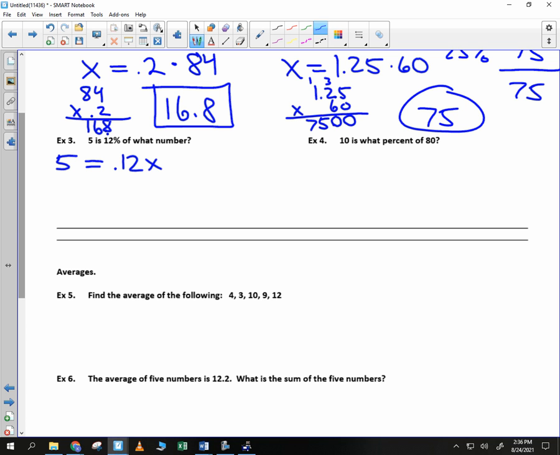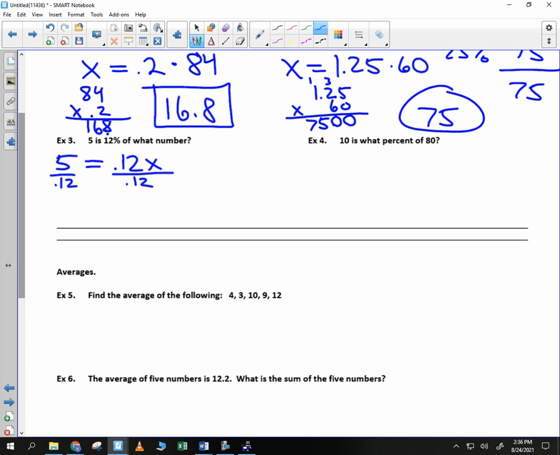Good. That's the equation. How do we solve that? You can divide by 0.12, right? That's difficult to do, isn't it? Yep. So should we make it? Let's divide by the 0.12, and we'll review dividing by decimals.